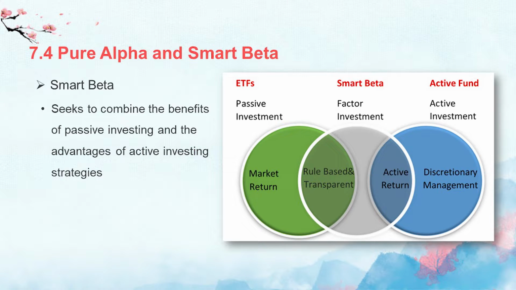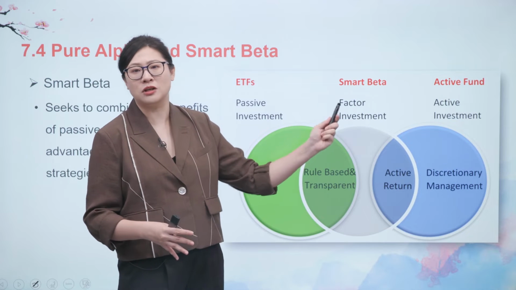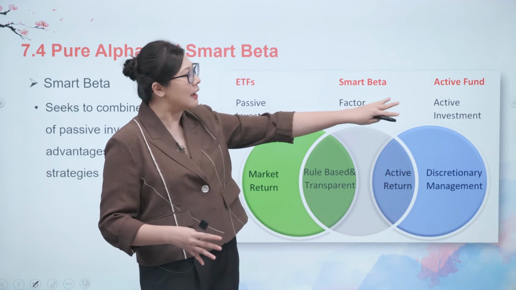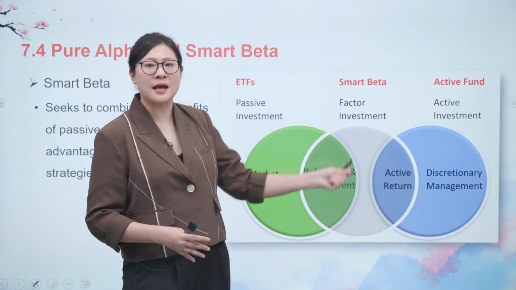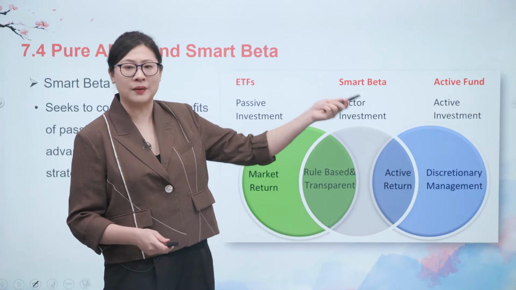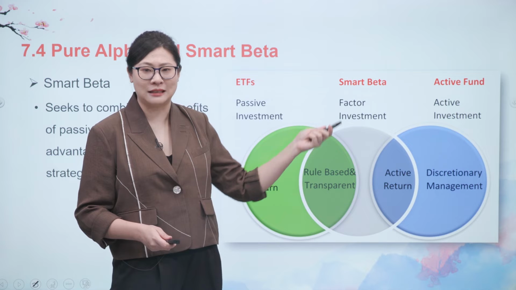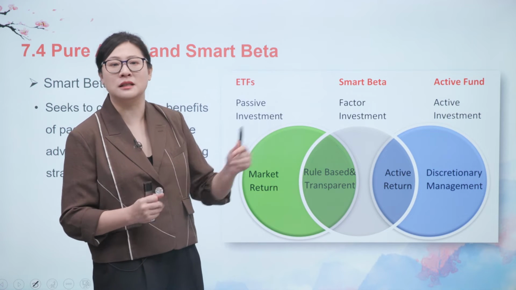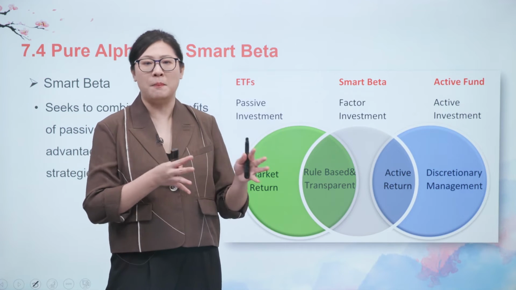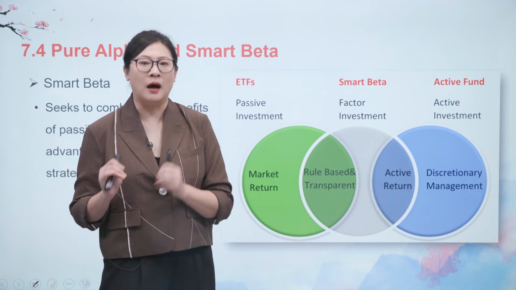And the right-hand side is our active fund. That is the active investment. So passive and active: the active investment fund could get active return. And smart beta is in the middle of passive and active investment.